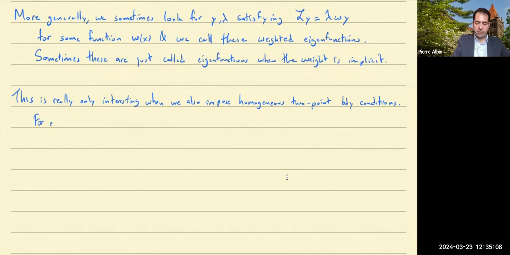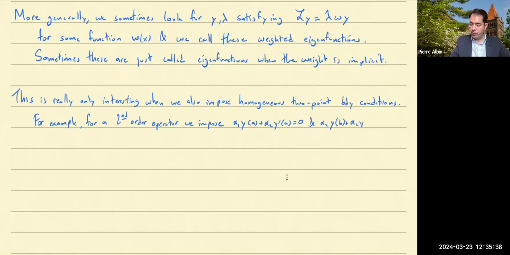So for example, for a second order operator, we impose alpha 1 y of a plus alpha 2 y prime of a is equal to 0, and beta 1 y of b plus beta 2 y prime of b equal to 0.